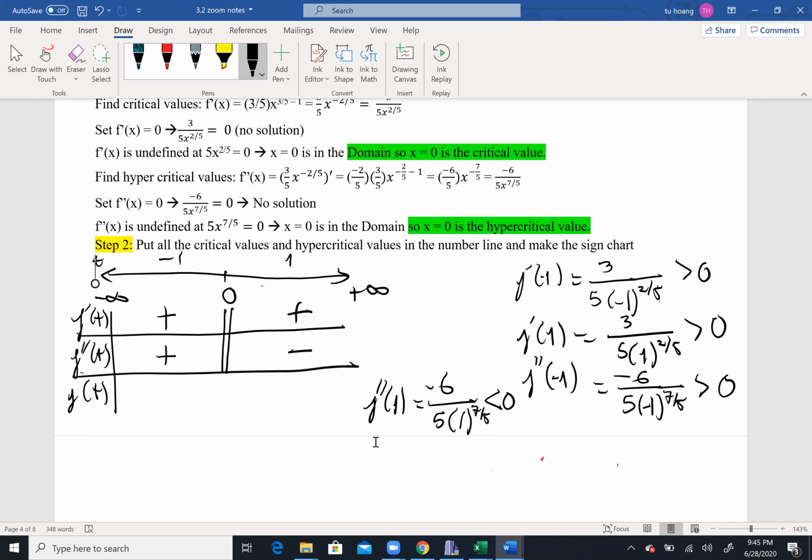Okay, now for f of t, I know that the first derivative is positive, then this should be going up, right? And because the second derivative is also positive, I have this as upward. So upward. Maybe I change the color.